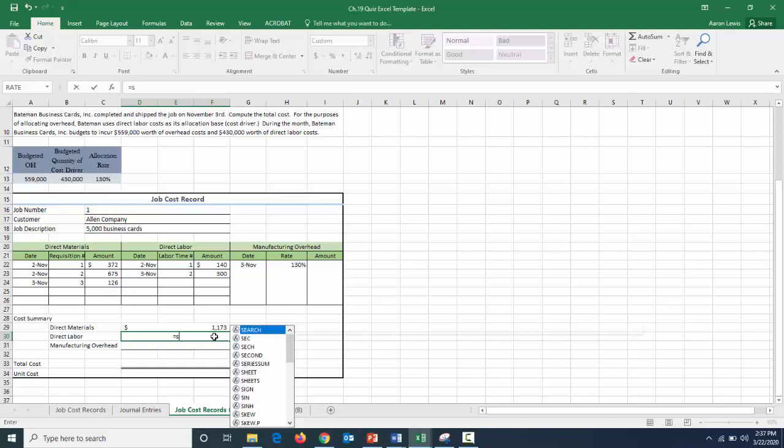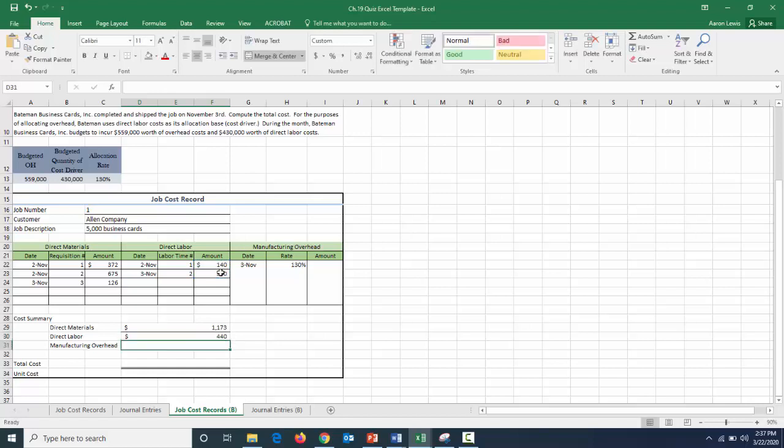Direct labor is equal to the two amounts that employees earned working on this job, which was $440. So the amount of manufacturing overhead that we're going to have is the $440 of direct labor we had times our allocation rate of 130%. That's $572 worth of overhead that is going to get allocated to this job.